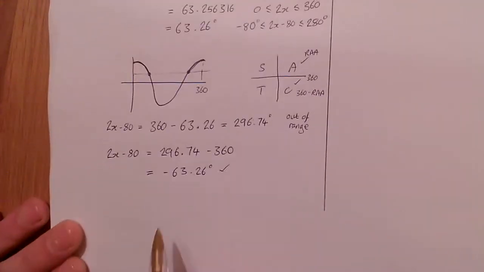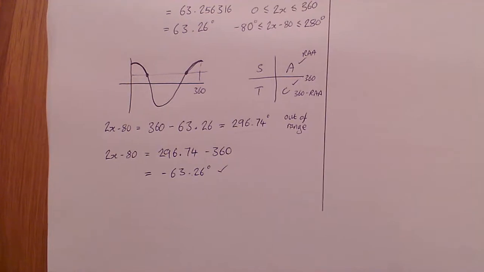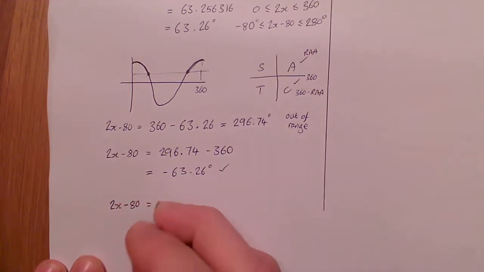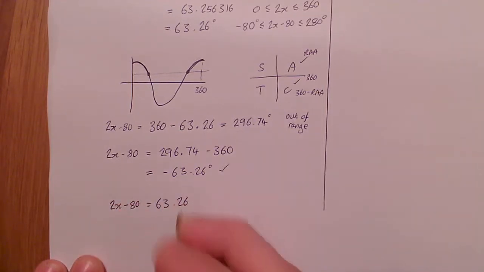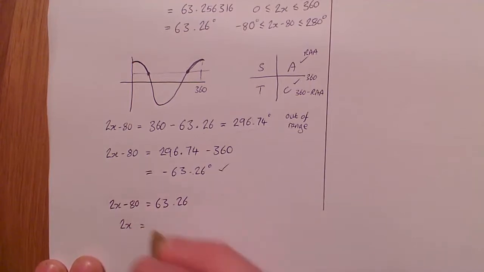Final step, we've got to actually find our x's now. We've got two angles that we can use, and we can just find our x's. So let's lay that little bit of working out. So we have 2x minus 80 equals 63.26. So 2x equals, and we're just adding 80 to both sides here, so that's 143.26.